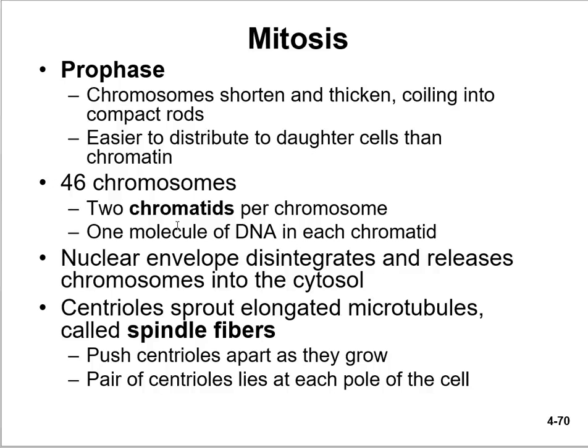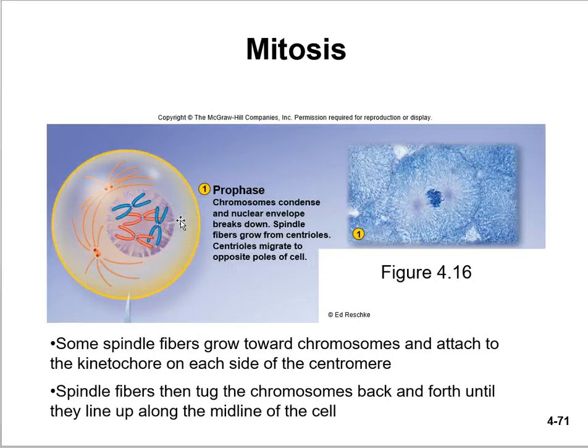The nuclear envelope will start to disintegrate and will release those chromosomes into the cytosol. We'll see the centrioles migrating to opposite sides and microtubules sprouting, creating what's called the mitotic spindle or spindle fibers. Will look a lot like this.